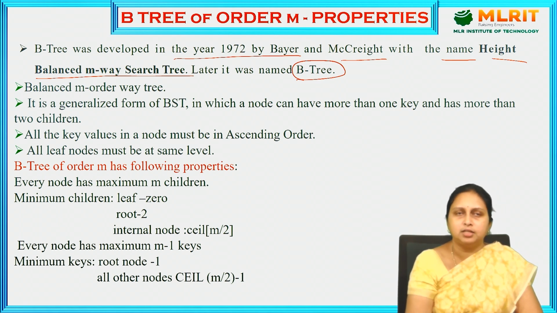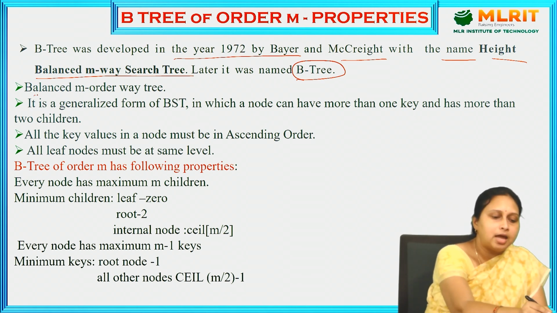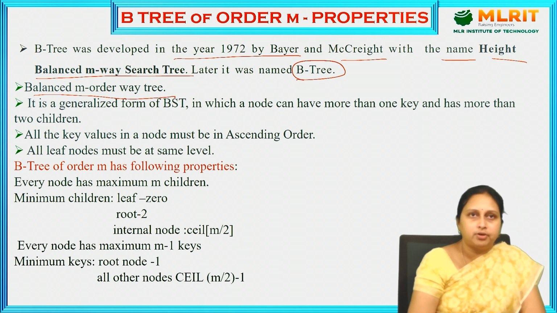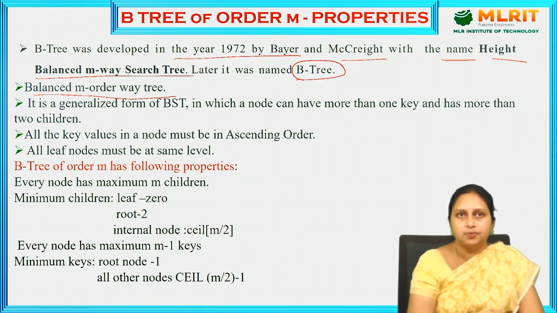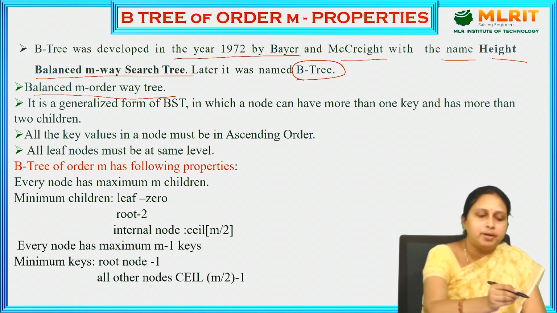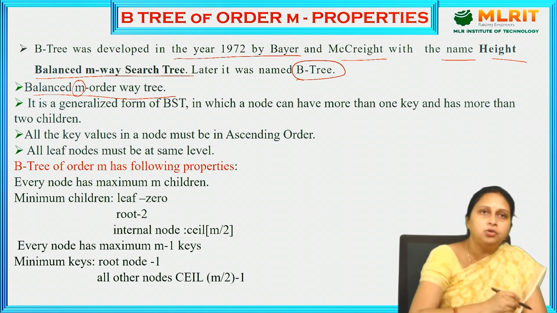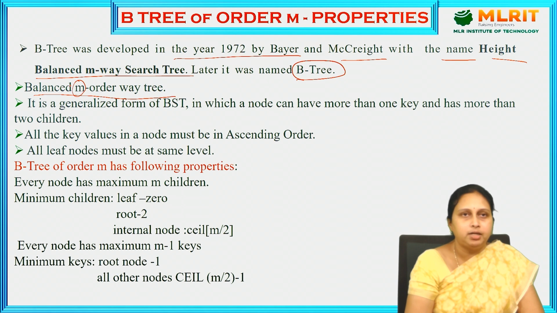What are the properties it has to maintain? A balanced M-order way tree. M is nothing but the order of the tree. It may be of order 3, order 4, order 5, anything you can consider. We are going to construct the B tree depending on the M value.